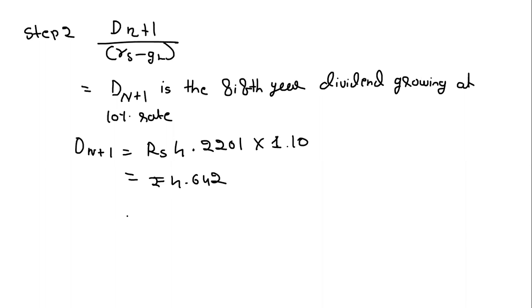Now putting it into the formula, 4.642 divided by Rs, that is 0.2 or 20%, minus the growth of 0.1. So we get 46.42. Now let's move to step 3.